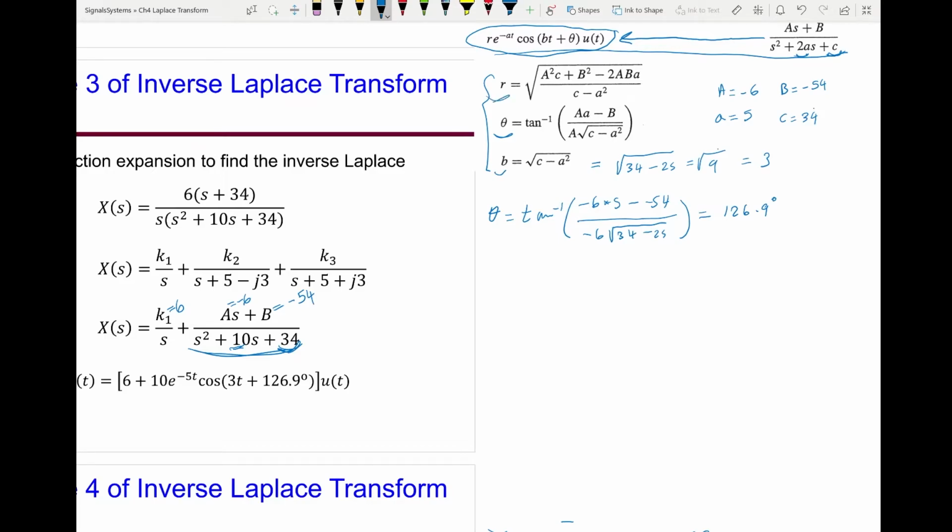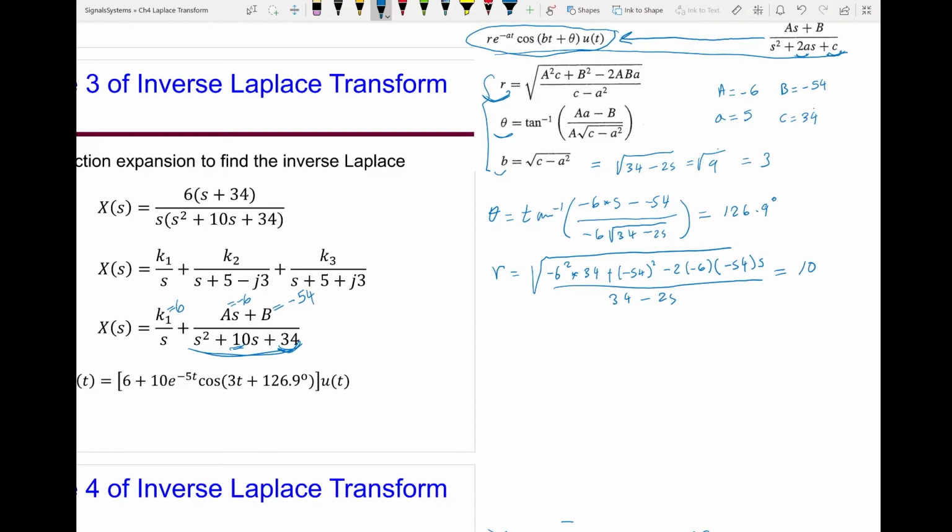So now let's find R. R will be the square root of capital A squared, so that's minus 6 squared, times C, 34, plus B, minus 54 squared, minus 2 times minus 6 over 34 minus 25. And if you calculate this, you should get 10.